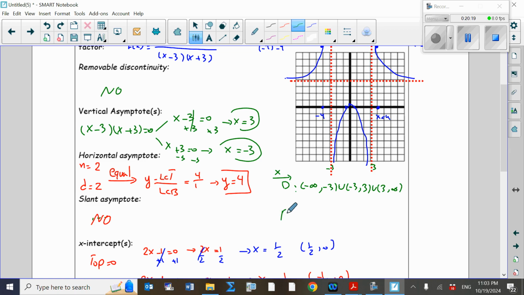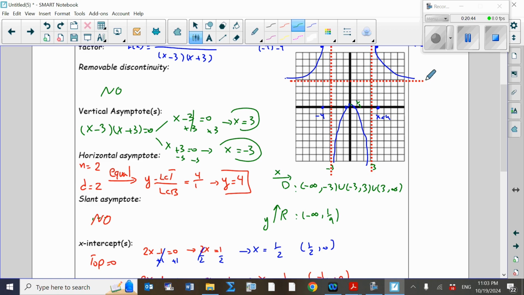How about the range? You're moving from bottom to top and looking for the y values. Start from the bottom and you see that everything is defined until this point. The y value of this point was 1/9. So I say from -infinity to 1/9, the function is defined, and then here nothing is defined.